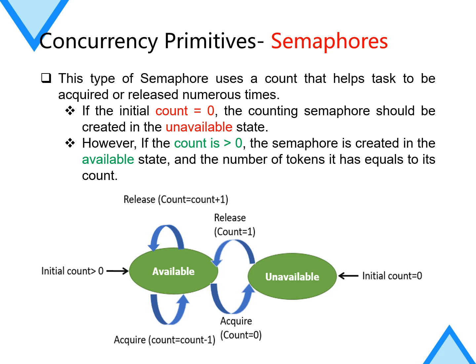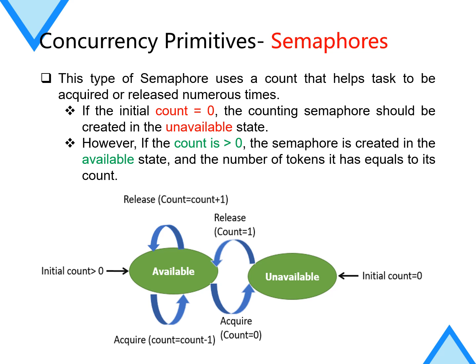Or if we have some count greater than 0, the state will be available. Now for example, when we acquire the resource, it will change the counting semaphore value, decreasing it by 1.